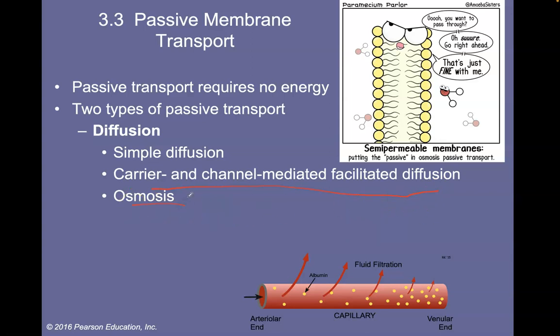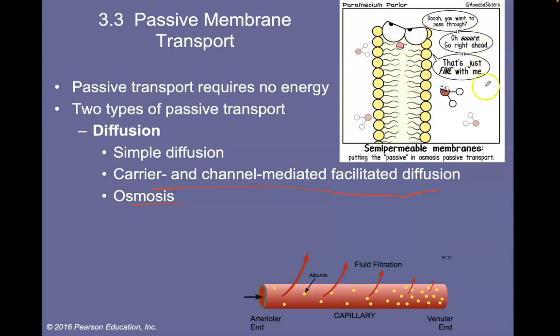All of these types of diffusion, simple diffusion, carrier and channel mediated facilitated diffusion, and osmosis, do not require any energy. I have this nice little Paramecium Power Liver cartoon here that says, ooh, you want to pass through? Oh, sure, go right ahead.